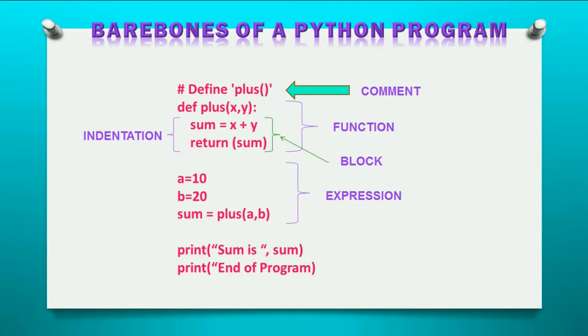So these are all expressions. Then lastly, we can see the statements. Print statements are given here: sum is sum, and then end of program. So this completes the understanding of the bare bones of a Python program with the 5 components, that is comment, function, block and indentation, expression and statements.